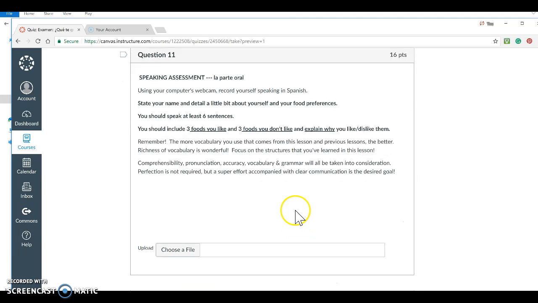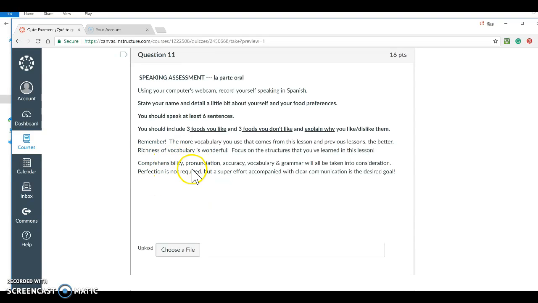And then finally we get to the speaking assessment, where they're going to use the computer webcam and record themselves speaking in Spanish. It's going to be a file upload, where they state their name using at least 6 sentences, talking about 3 foods they like and that they don't like, and explaining why, and then just reminding them to focus on using the vocabulary that they've been presented prior to this unit, as well as what they found here.